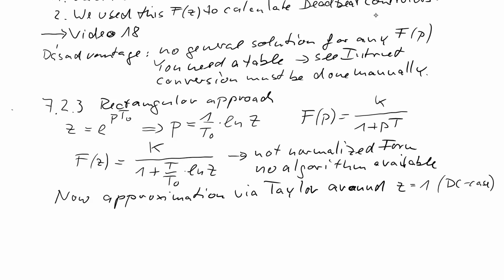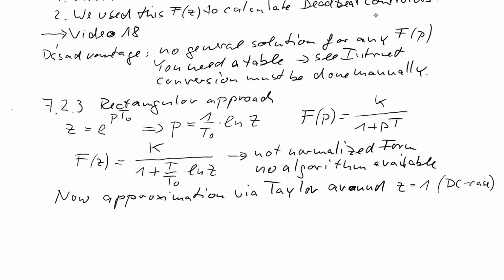So we get an approximation which is exact for z is 1, and around it, so for low frequencies, maybe we have a good approximation. Let's see. There are two different forms of Taylor series. If you look into mathematical books, you can find the following approximation, and 7.23 is one, and 7.24 is a better one.